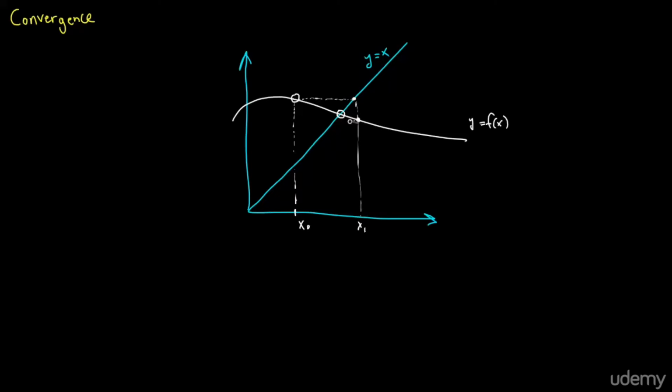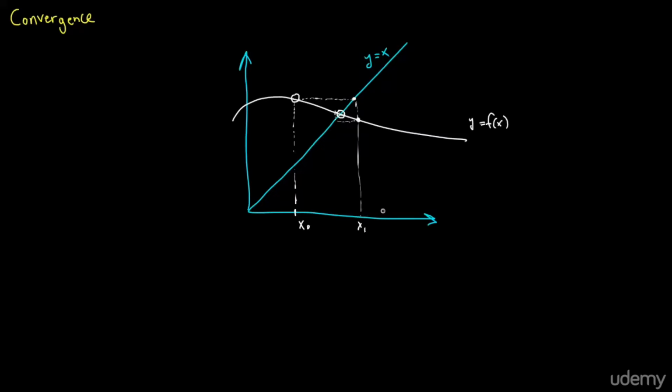We go left back to the line, then back up to the curve, to the right, to the right, and eventually we converge to the point that we're actually interested in.